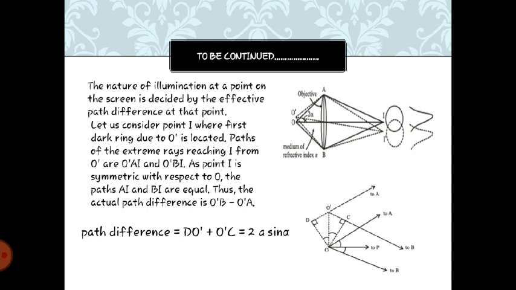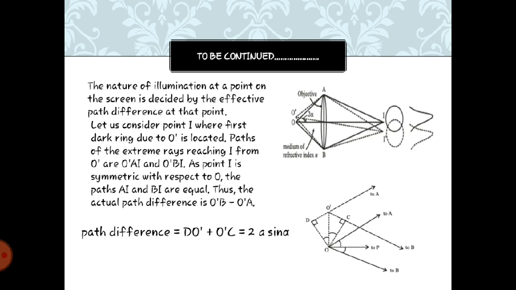That will be O dash A and I, and from B it will be O dash B and I. So this will be the path which is being created.